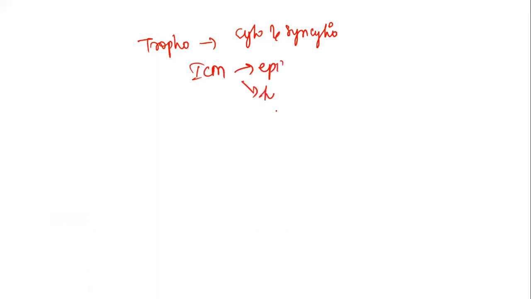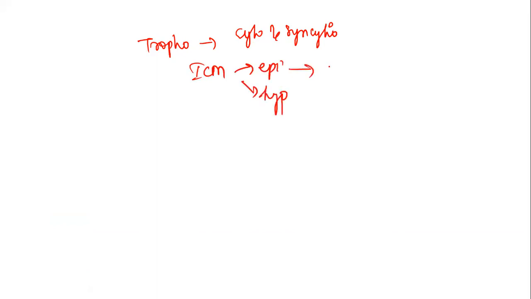So to summarize second week development, what all we saw, quickly in just another 3 minutes. It began with differentiation of the trophoblast into cytotrophoblast and syncytiotrophoblast. Then we had the inner cell mass, which developed into epiblast and hypoblast.